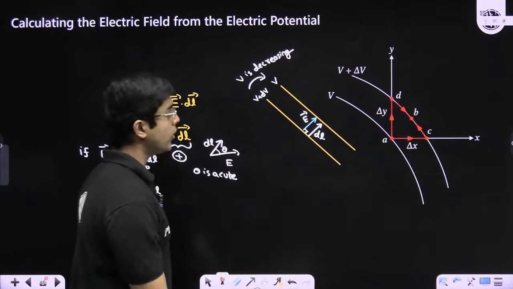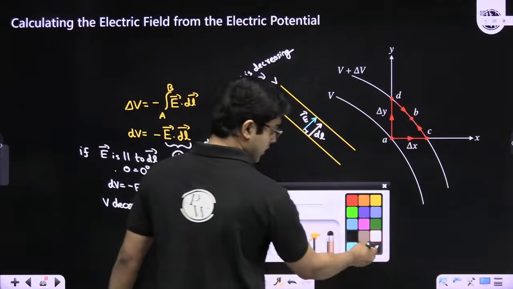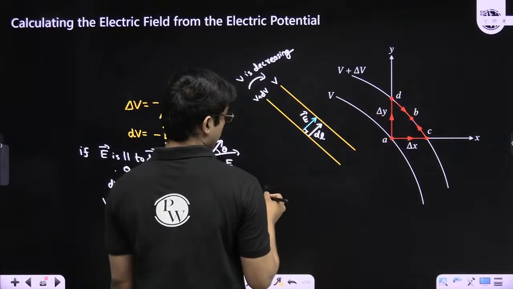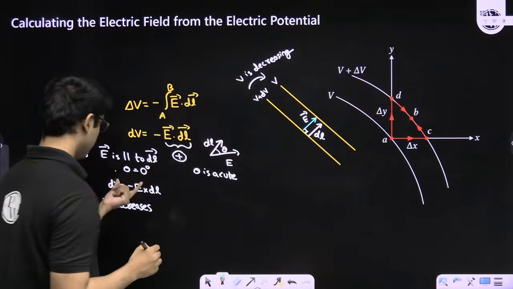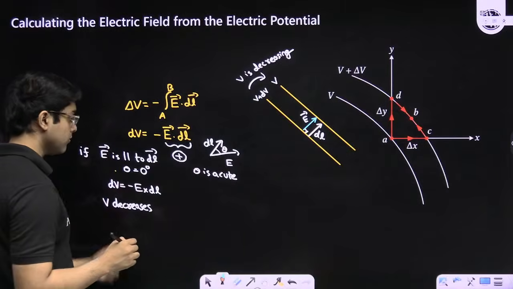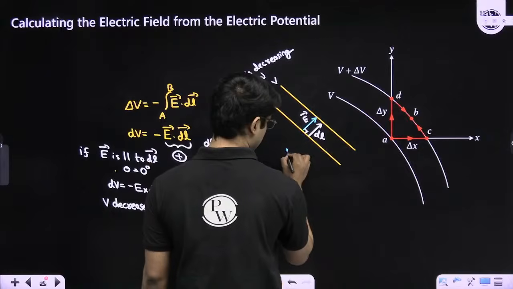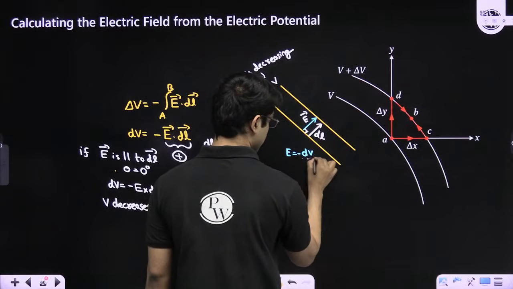I'm not going into much detail because time is about to be over. Now in the same relation, we are just going to use this one relation itself. The electric field from here will be minus dV by dl.